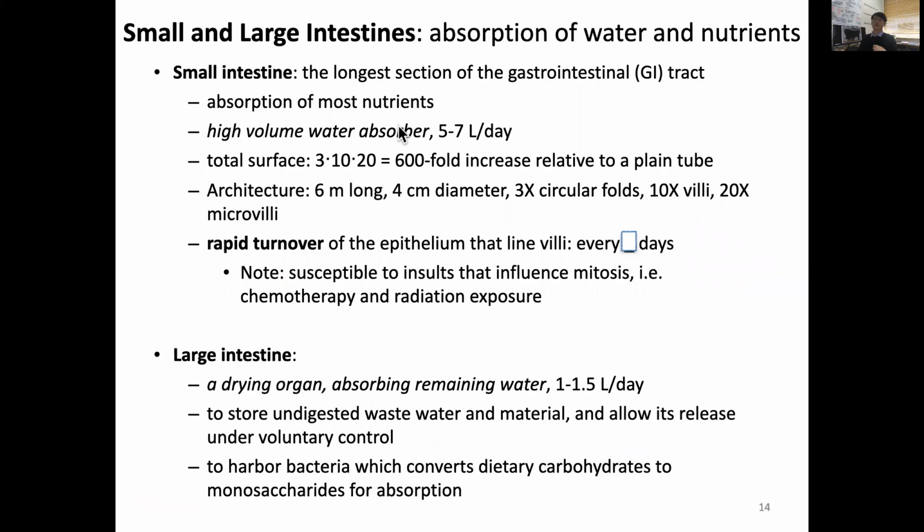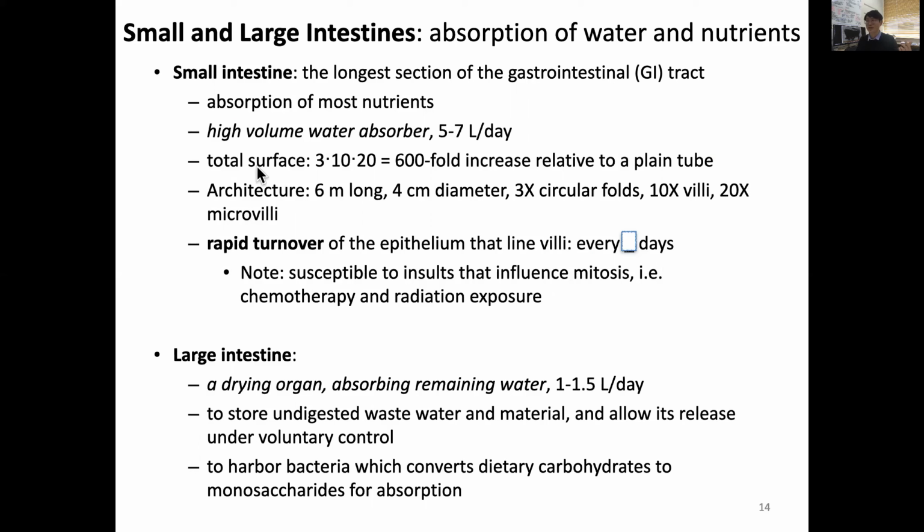So let's review this small and large intestine. The small intestine is the longest section of the GI tract, or gastrointestinal tract, which absorbs most of the nutrients. It's also a high-volume water absorber, almost 5 to 7 liters per day.